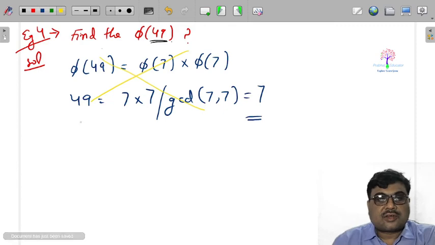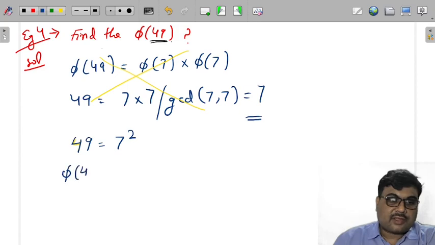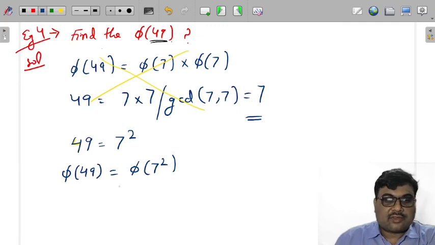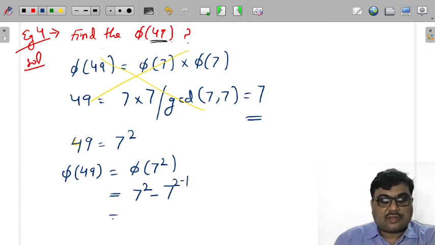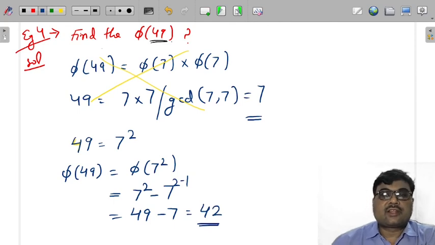Our approach would change. We can write 49 as 7 squared. So phi of 49 is phi of 7 squared, which is 7 squared minus 7 to the power 1. So 49 minus 7 is equal to 42. It means there are 42 numbers that are relatively prime to 49.